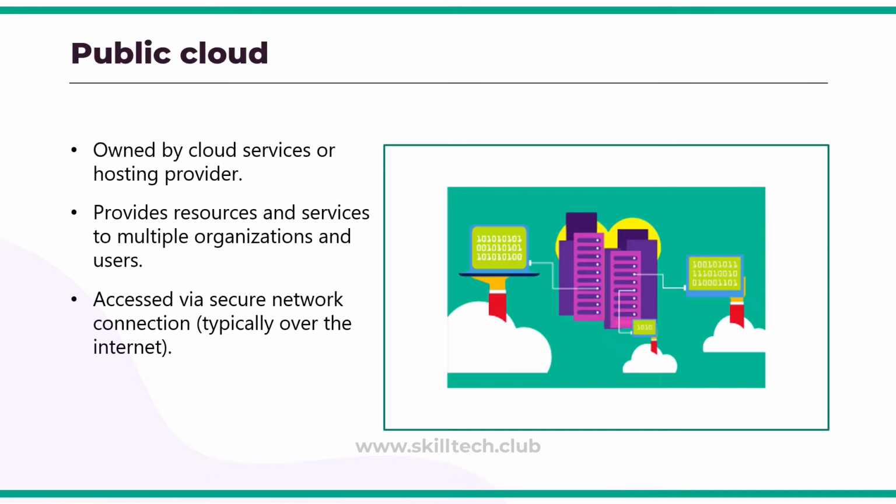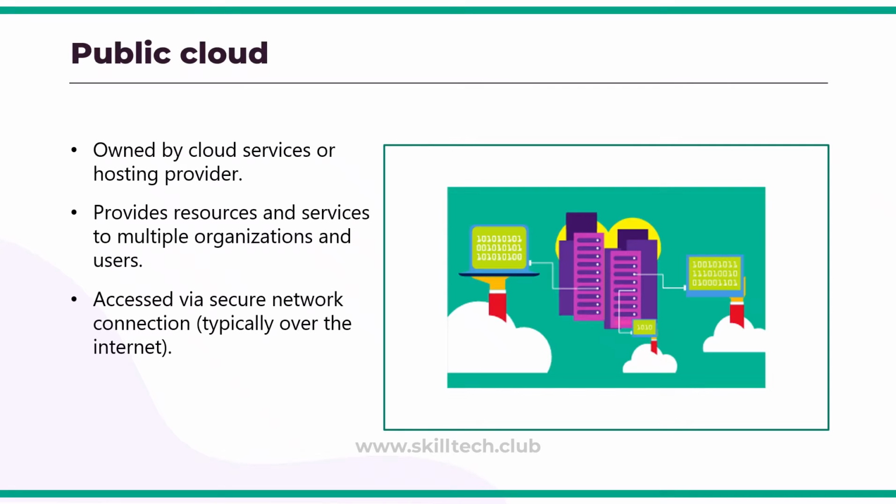You can access public cloud services via secure network connections, typically over the internet. They have physical infrastructure spread across the globe. There are many data centers, with hundreds of thousands of racks configured inside. And when you want to access their services, which can be compute, networking, or storage services, you can use all of them as a service over the public internet.